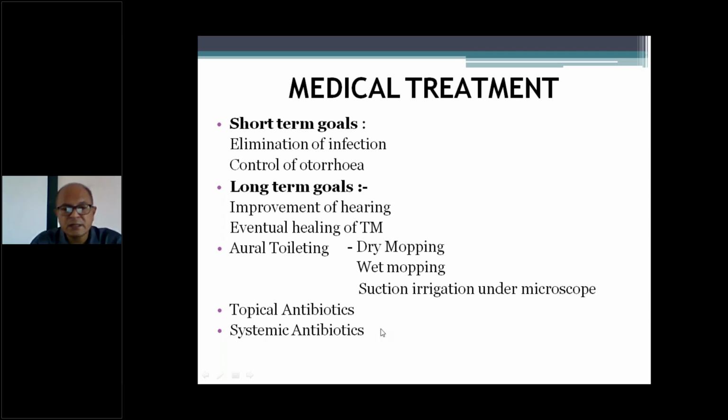Of the topical antibiotics, mostly preferred are ciprofloxacin or gentamicin. These two antibiotics are very rampantly used.